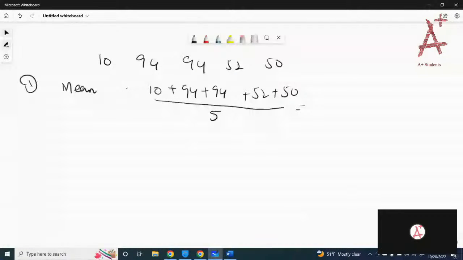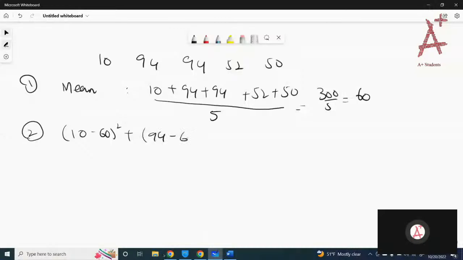Let's calculate the mean value. It is 10 plus 94 plus 94 plus 52 plus 50. It would be 300, and 300 divided by 5 is 60. So the mean value is 60. The second step is to subtract the mean value from all the values, square them, and add them.